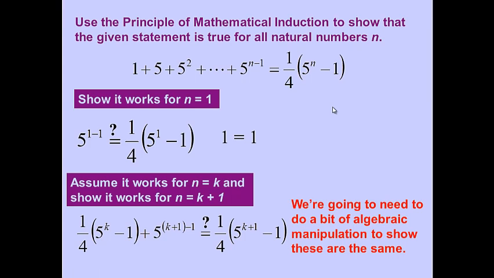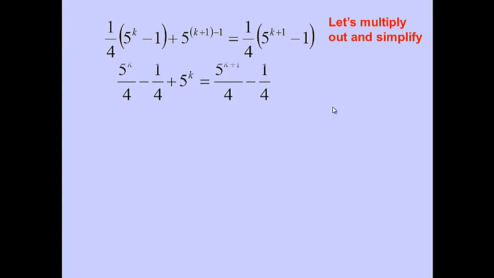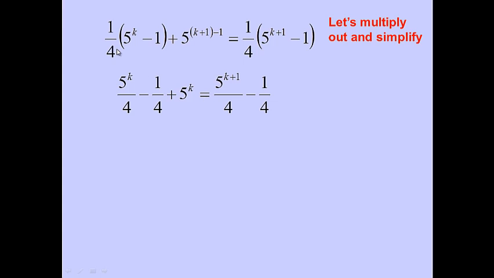This algebra is a little trickier. So let's start with what we have. The first thing we're going to do is multiply out and simplify. So notice here we have 5 to the k over 4 minus 1/4, and then simplifying this exponent, it's 5 to the k. And then we have 5 to the k plus 1 over 4 minus 1/4.